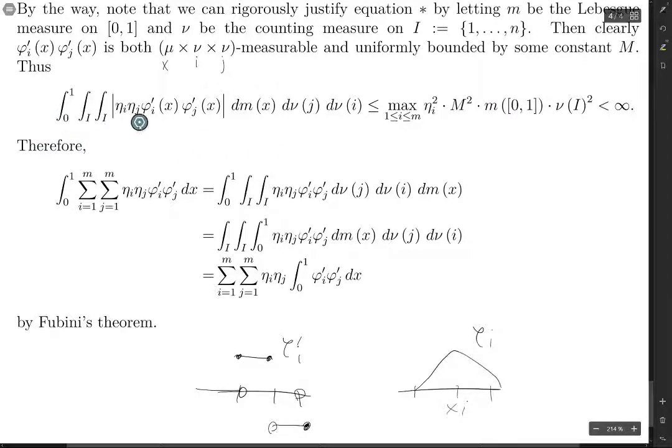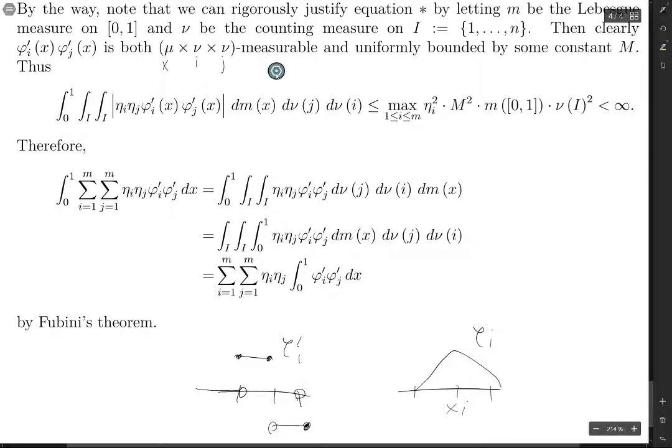Then if we integrate this thing, it is less than or equal to, let's see here, the eta i, eta j's, those come out. Then you've got these things, and m is the Lebesgue measure on the interval from 0 to 1, so the measure of that interval is just 1.